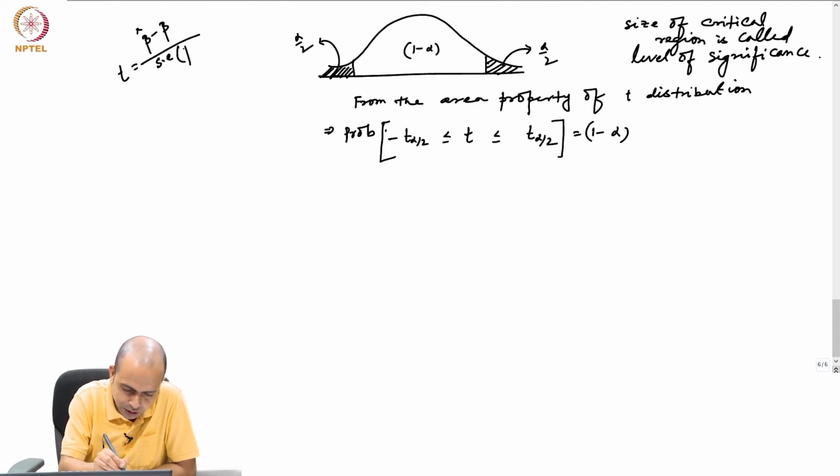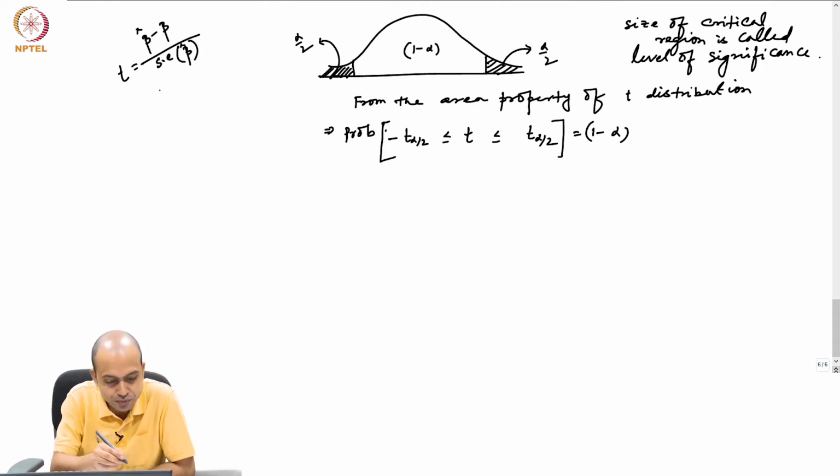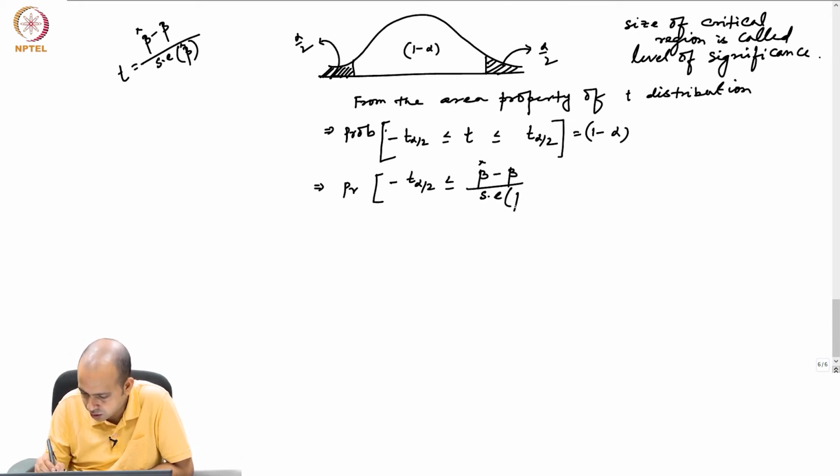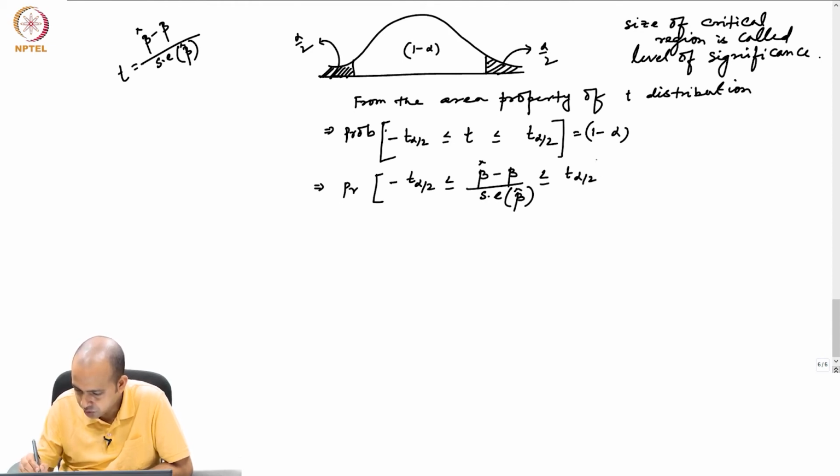Now, substituting T here, what I can write, that probability of minus T alpha by 2 less than or equal to beta hat minus beta divided by standard error of beta hat less than or equal to T alpha by 2 equals 1 minus alpha.